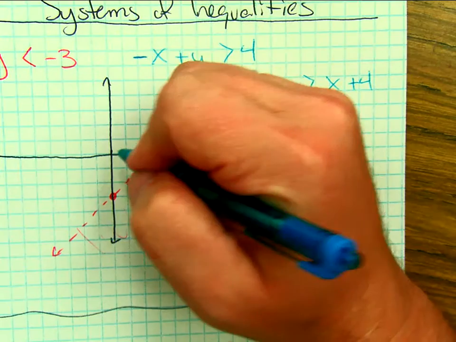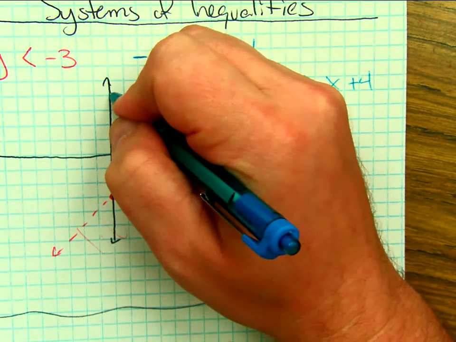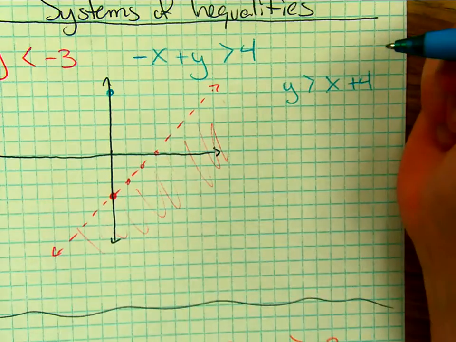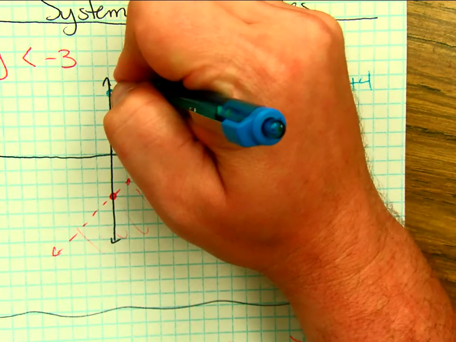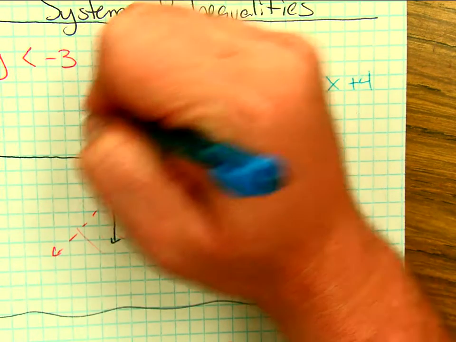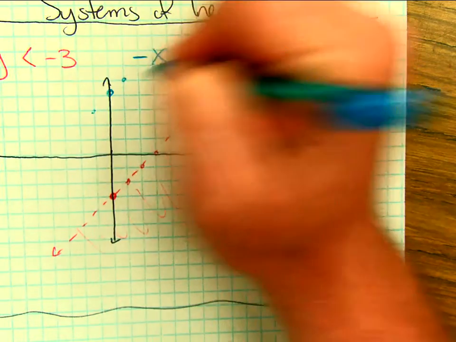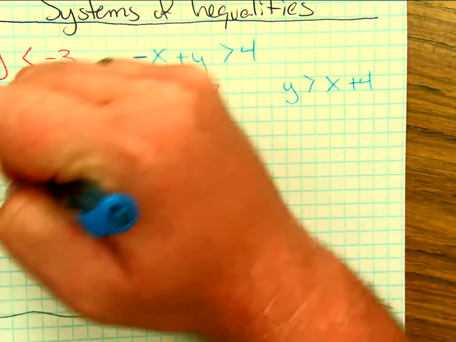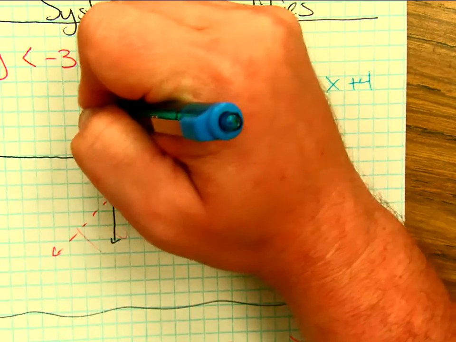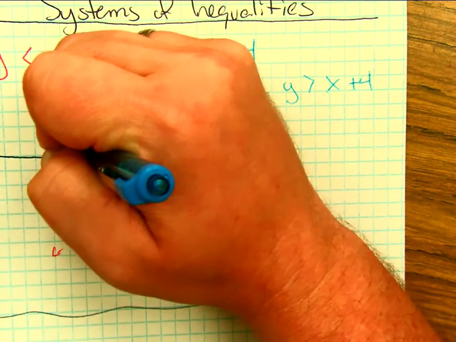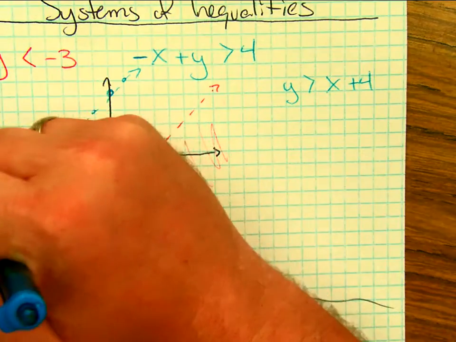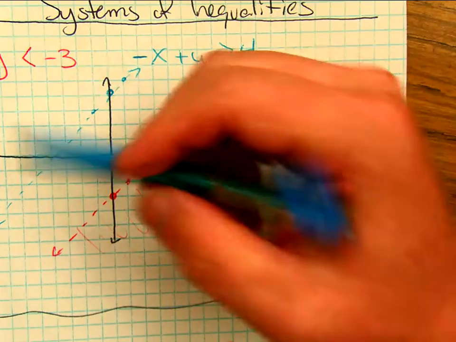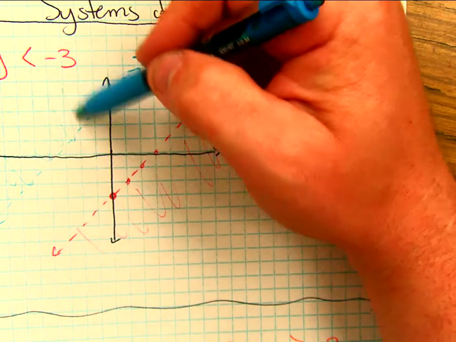That gives me an intercept of 1, 2, 3, 4 in the positive direction this time, and a slope that again says up 1 over 1. Up 1 over 1 the entire way. Again, the line is dotted. This time it says to shade y is greater than above the line.